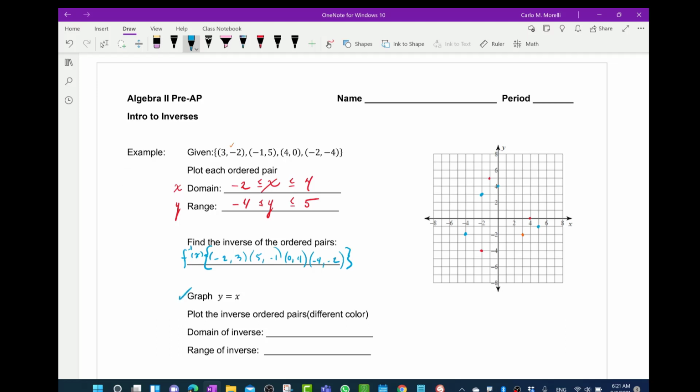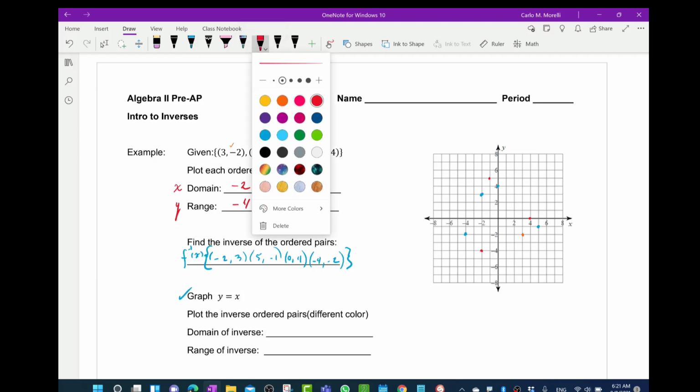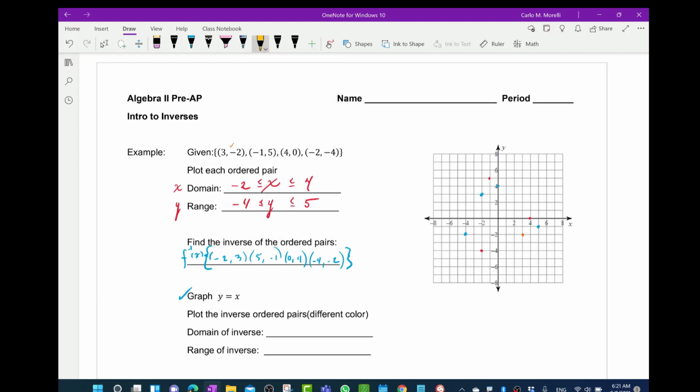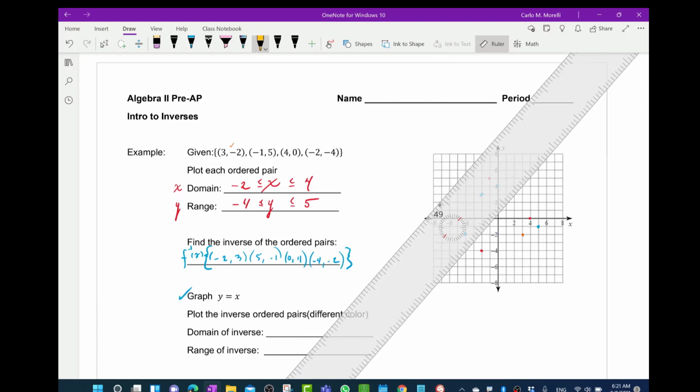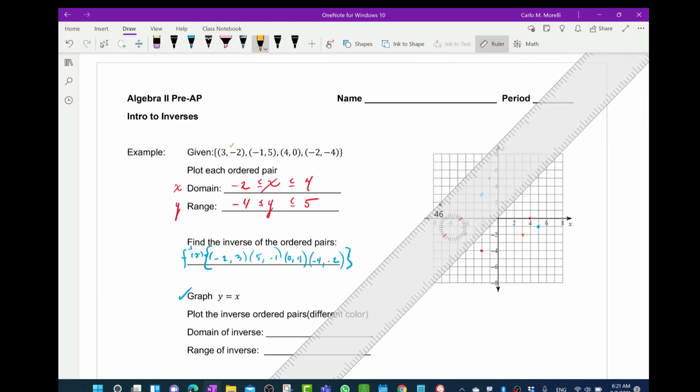But they want us to graph y equals x. So let's use a completely different color. We'll use this yellow color here to graph y equals x, and that's just a 45-degree angle. Get it to 45 degrees. Come on, right there. Okay. So it passes through the origin, the parent function f of x equals x.